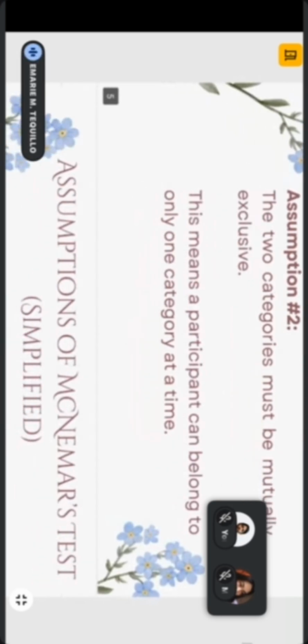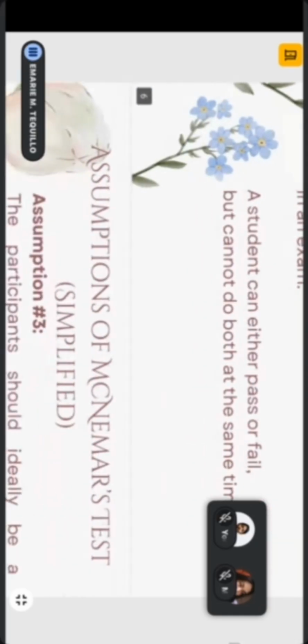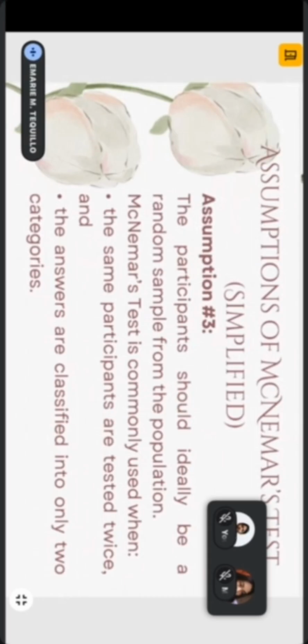Okay, let's proceed to the example. So, for example, in an exam, a student can either pass or fail but cannot do both at the same time. So, what I said earlier is that they cannot have a double entry. So, now let's proceed to assumption number 3.